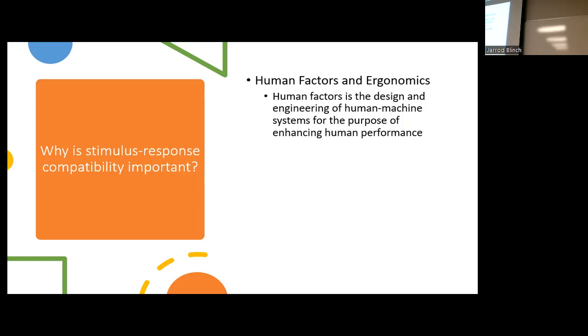Aviation, military. Within the military, you have people interacting with interfaces, whether that's a computer screen or a rifle, all sorts of human machine interactions. And these are often by highly stressed, highly fatigued soldiers. And there you want things to be as compatible, as obvious, as perfect as possible, because it's very easy for accidents to happen.